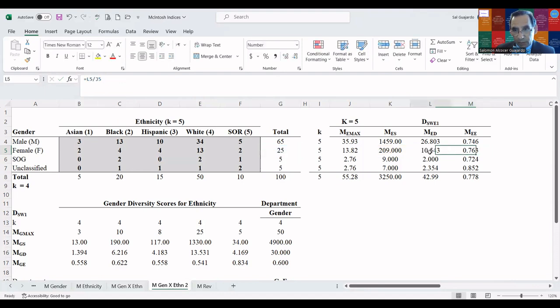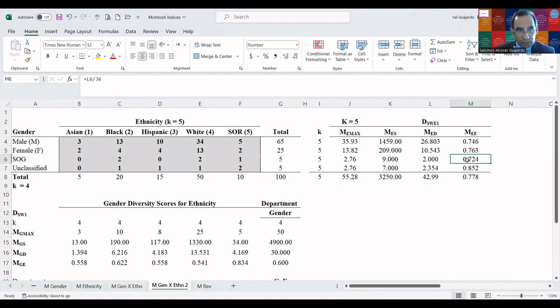That gives me a value of 10.54. When I divide 10.54 by 13.82, that gives me a value of 0.763, which means 76% of the maximum value was obtained.